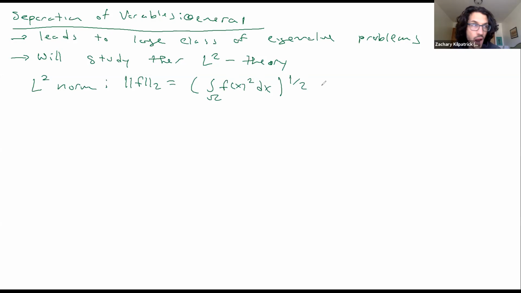Because we're shrouding these functions in an integral now, problems like continuity are not as big of an issue here, because we can have piecewise discontinuities, we can have holes in these functions, and we really just want to measure how well these separated variable solutions do in terms of the L2 norm.